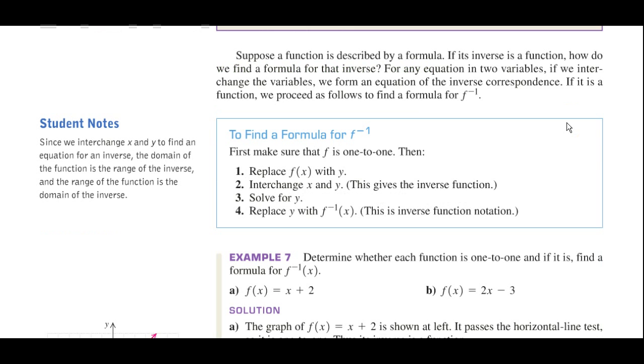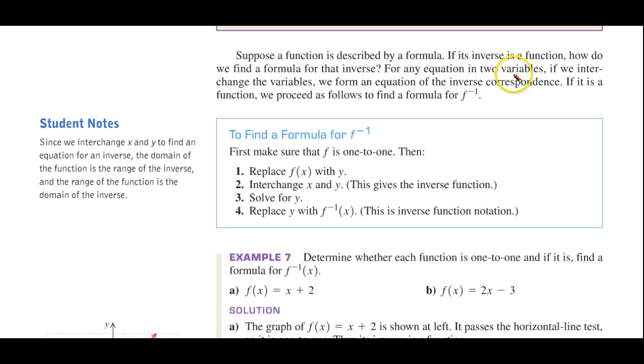Now, this is rather detailed, so you can read it along with me. Suppose a function is described by a formula. If its inverse is a function, how do we find the formula for the inverse?